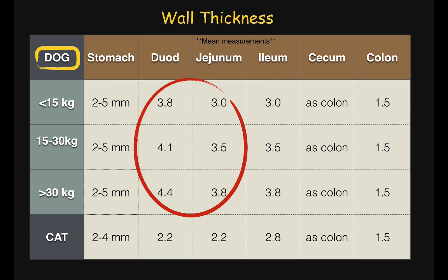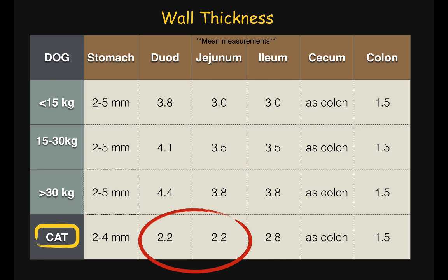When comparing duodenum with jejunum in dogs, it is noticeable that the duodenal wall is thicker than the jejunal wall. And you can also observe that the thickness of the small intestine increases with the size of the dog. However, in cats, the duodenal wall has similar thickness to the jejunal wall.